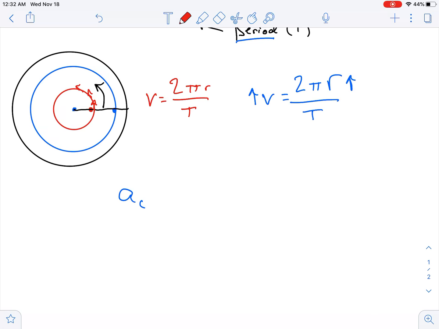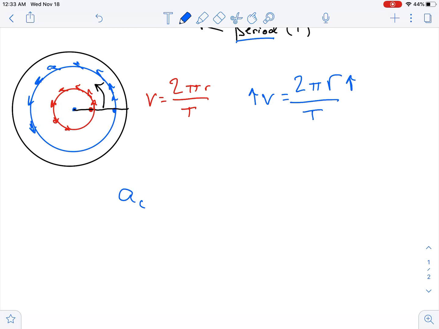The red circle, if I'm looking at it, I'm changing my velocity quite rapidly. I'm moving around the circle, my direction's changing really rapidly compared to my blue circle, where my direction doesn't change as quickly as the red circle, which means that as I get a bigger radius, my acceleration actually goes down.